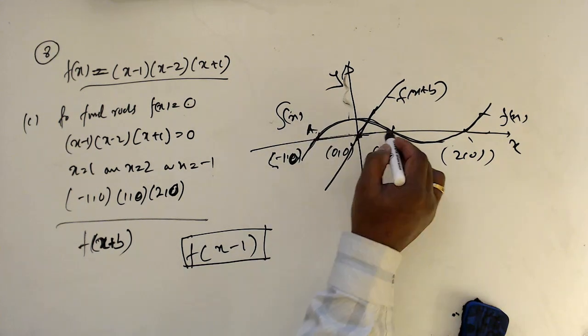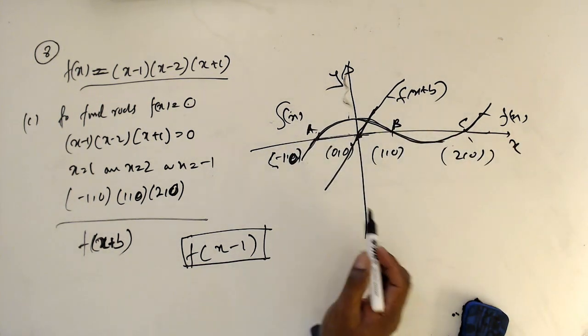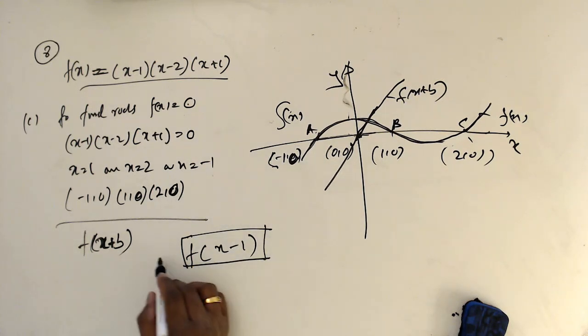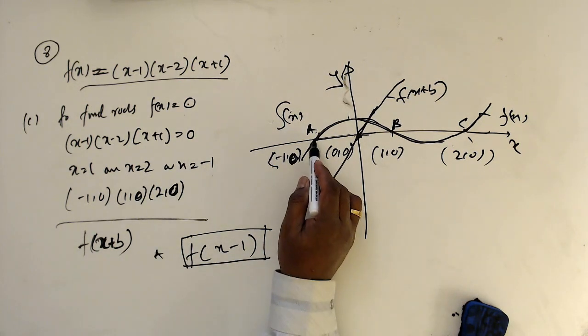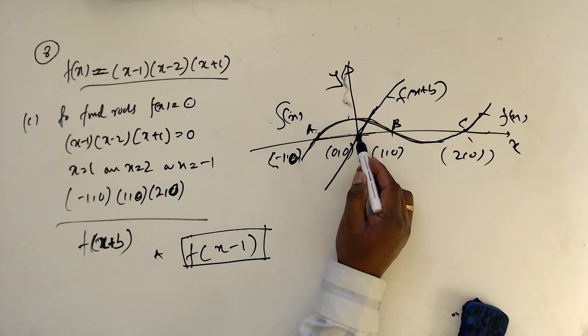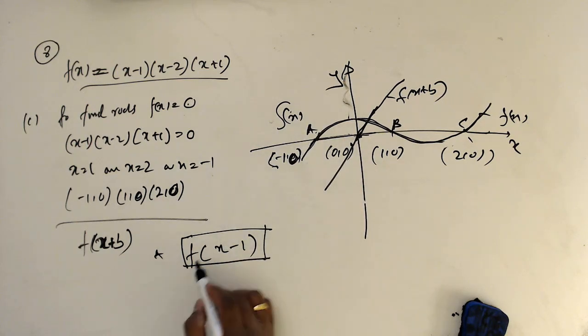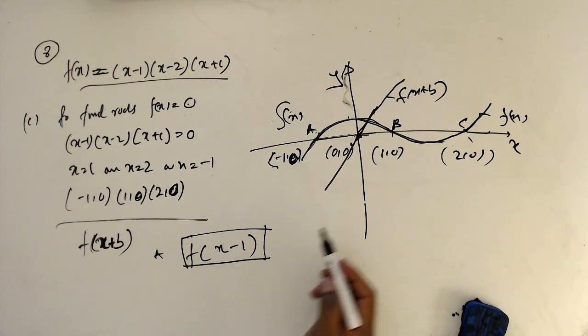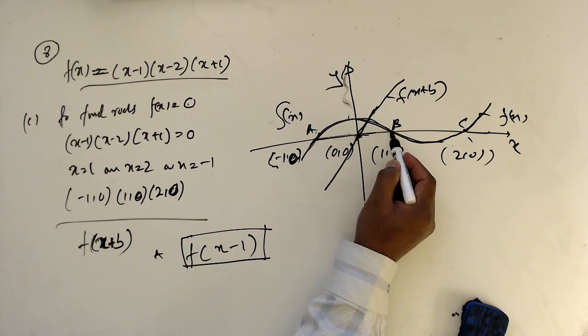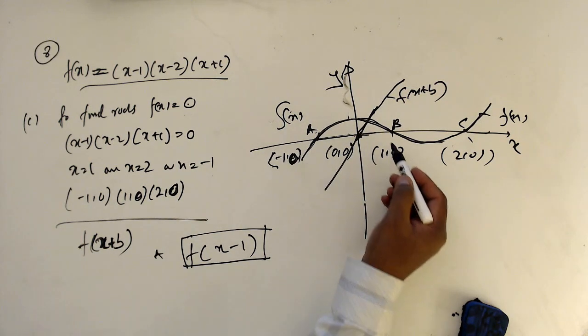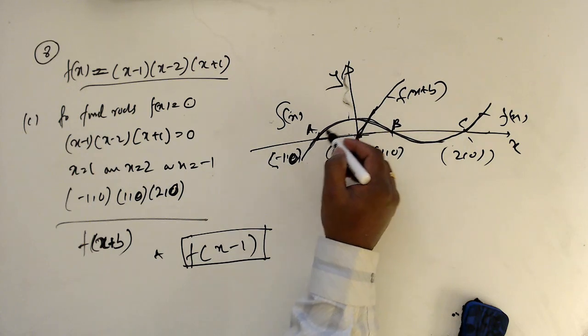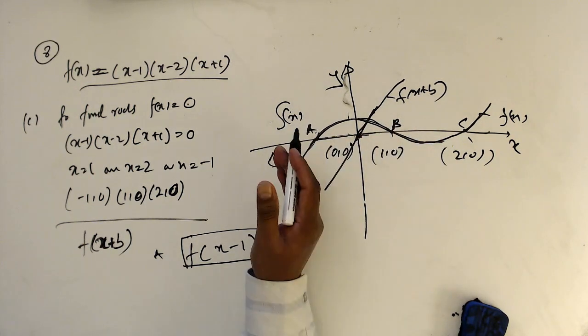Let's say these are 3 points A, B, C. So we discuss this one from A. If point A we shift to 0, then still the curve goes through (0, 0). So point A shifting 1 unit means f(x - 1). The other option is B, where we have to bring it to 0. It means the whole curve we have to shift by 1 unit to the left.